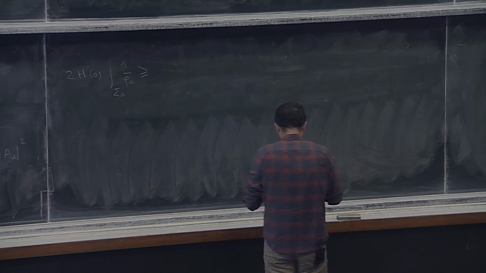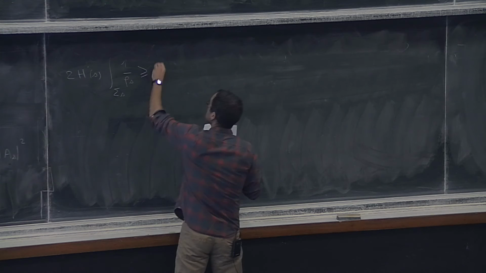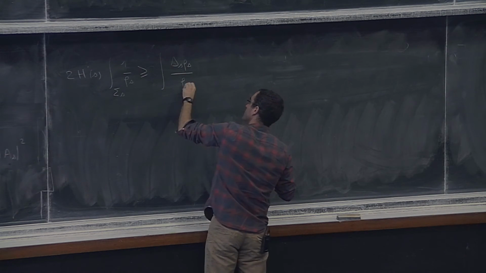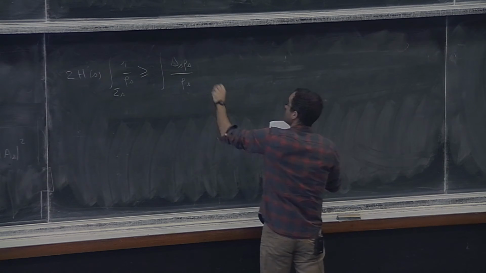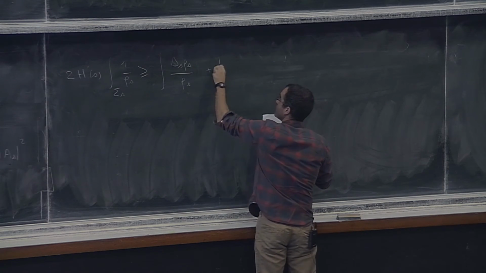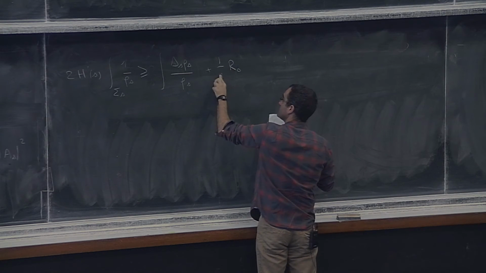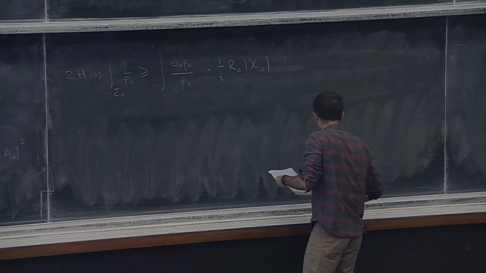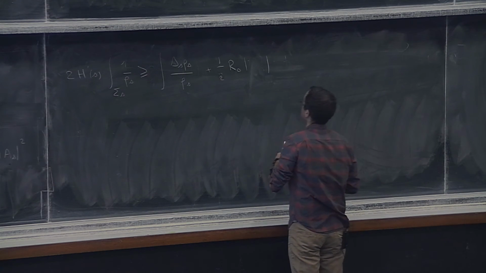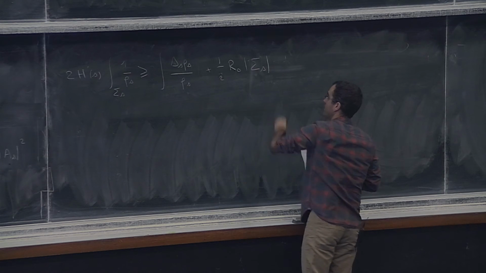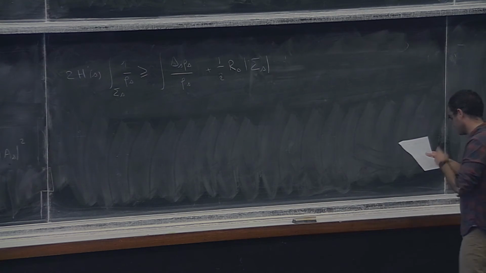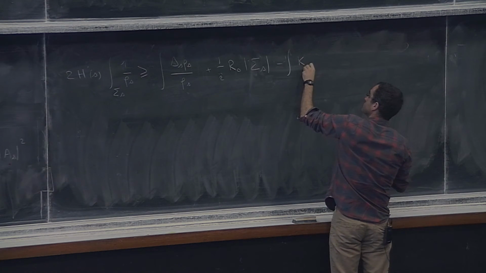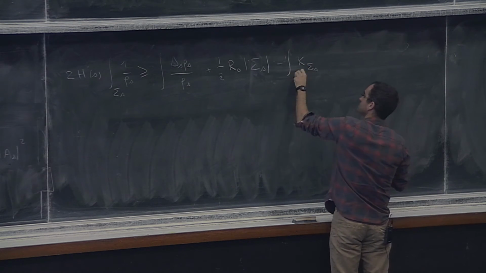So this quantity is larger than the Laplacian of S rho S divided by rho S, plus 1/2 R naught times the area of sigma sub S, minus the integral of the sectional curvature of sigma sub S on sigma sub S.